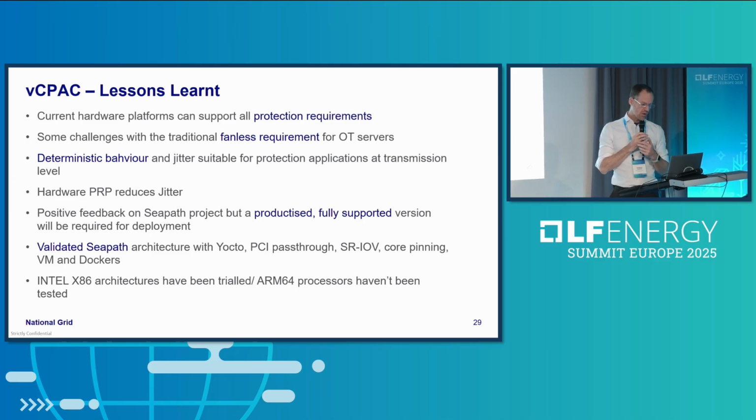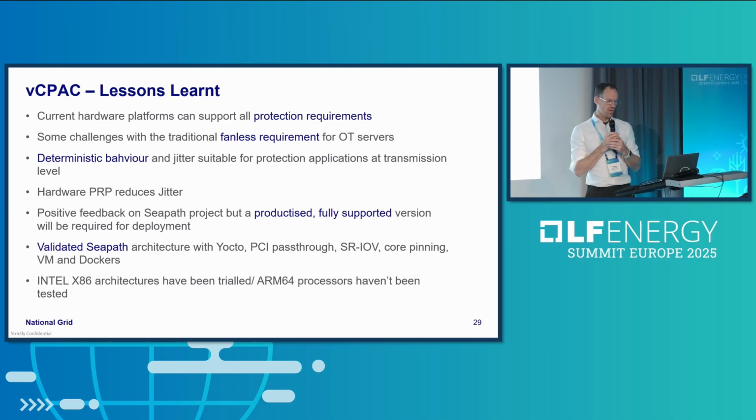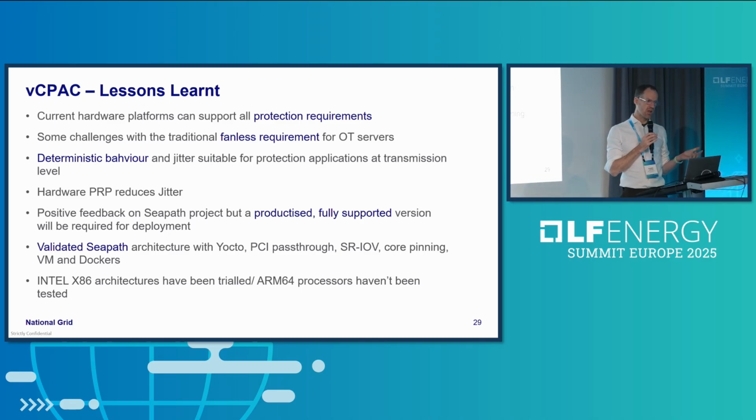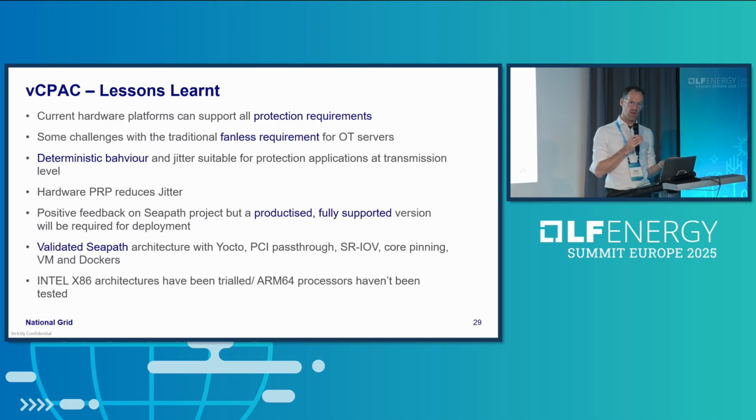What have we learned? We're pretty confident that the current hardware could support a protection system that would fit our substations, that would scale up to 50 bays. Is that what we need? We're still really keen on fanless options, so server OEMs love to talk to you about what we can do to push the capability with fanless options.